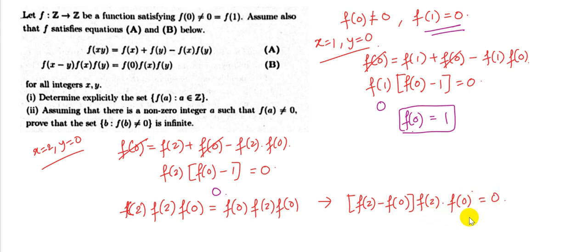So we know that f of 0 is equal to 1. So therefore f of 2 minus f of 0 becomes equal to 0, which means f of 2 becomes equal to f of 0, which is equal to 1. So that gives us the value of f of 2.